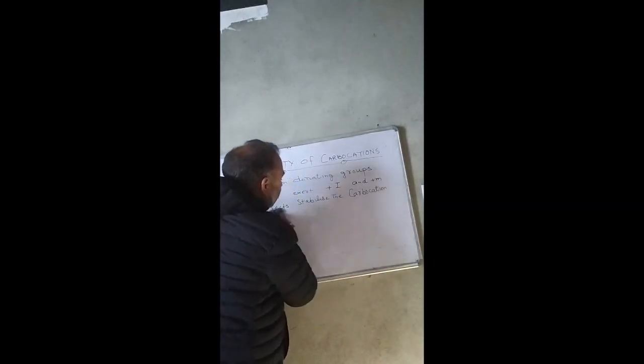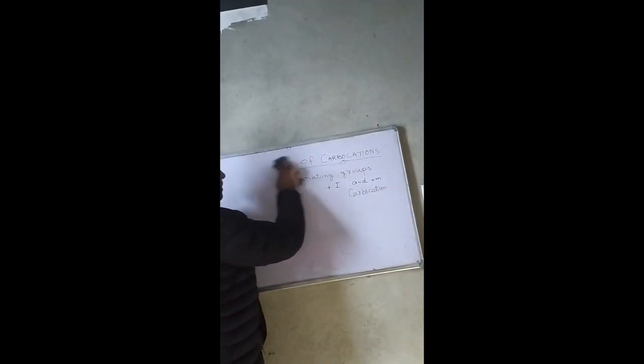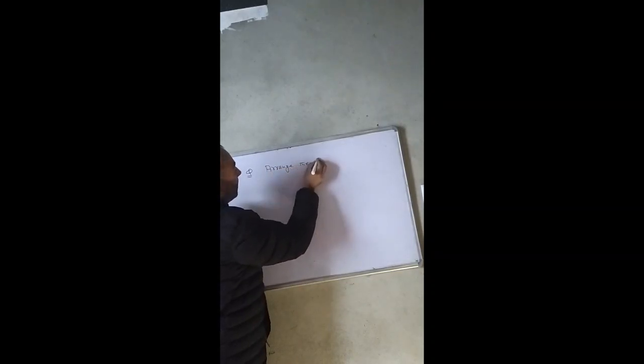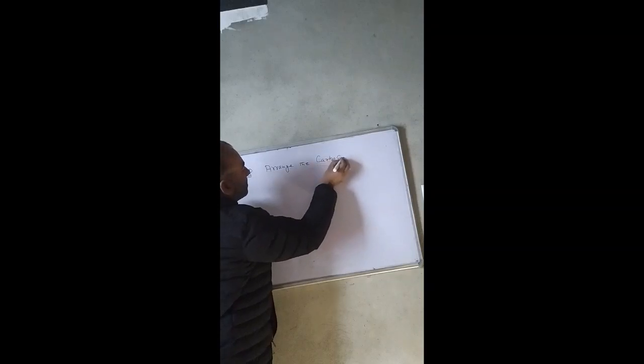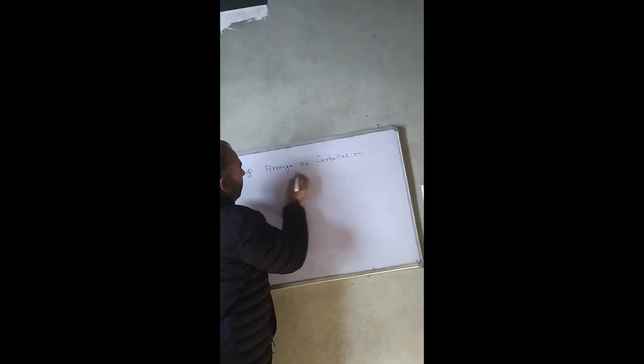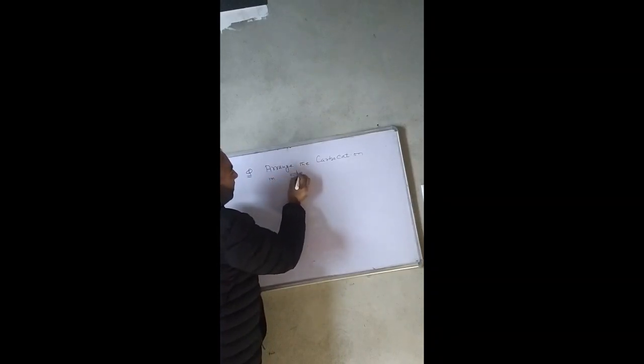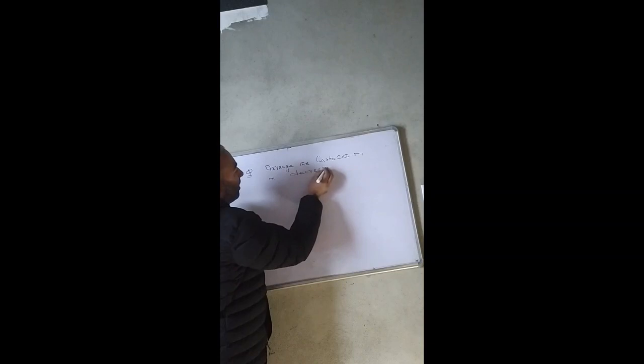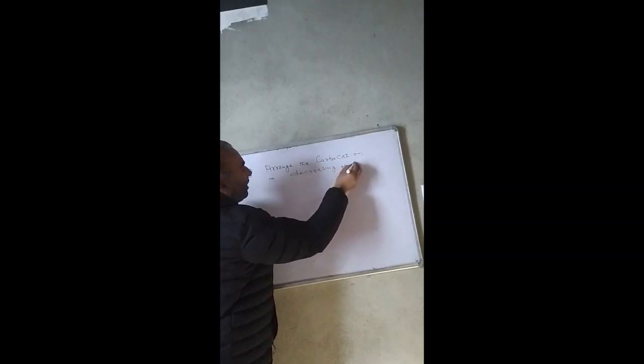Let us write some carbocations. The question is: arrange the following carbocations in decreasing order of stability.